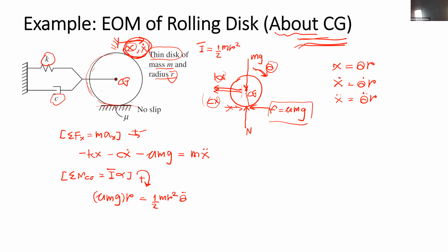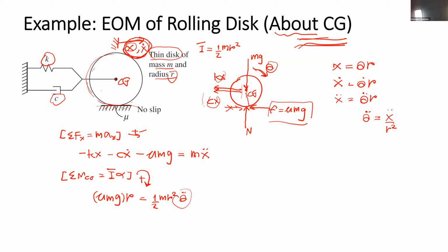Okay, so theta double dot should be x double dot divided by r squared here.